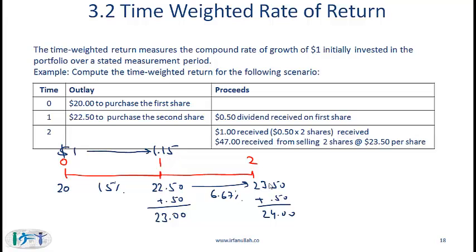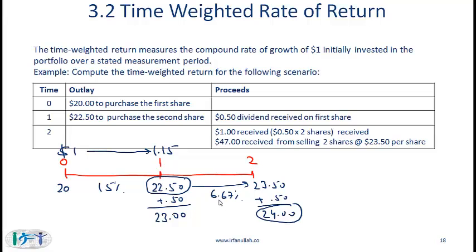Then for the second period, we again need to determine the return. A stock that was purchased at the beginning of the second period for $22.50 became worth $23.50 at the end of the second period, and there was a dividend of 50 cents, which means that investment of 22.50 at the beginning of the period essentially gave us 24 at the end of the period.